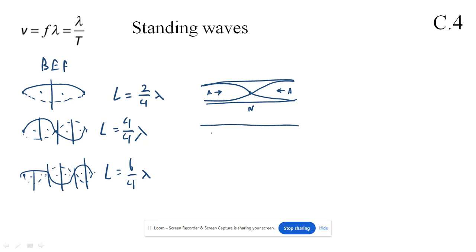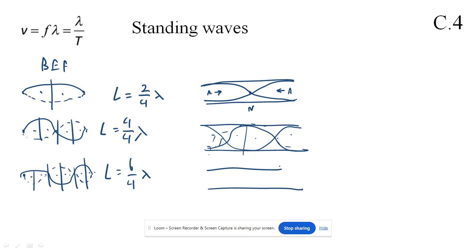So this is the first harmonic. Here's our second harmonic. And this is the exact same math. This is two quarter wavelengths. This is four quarter wavelengths. And then this one has a node partway in, and one in the middle.